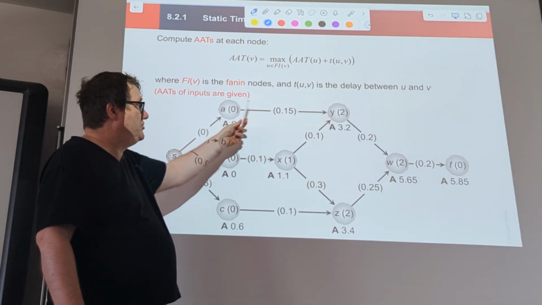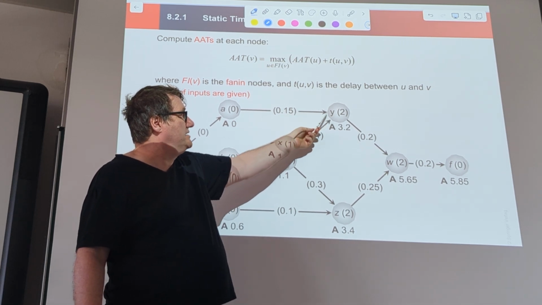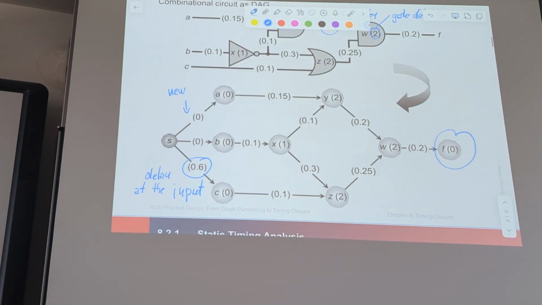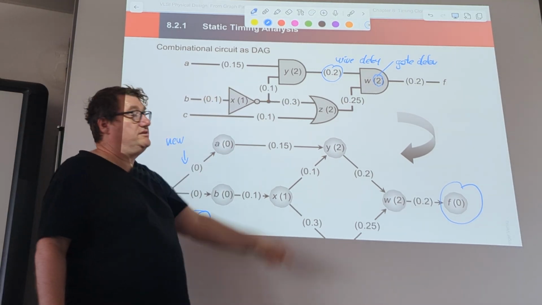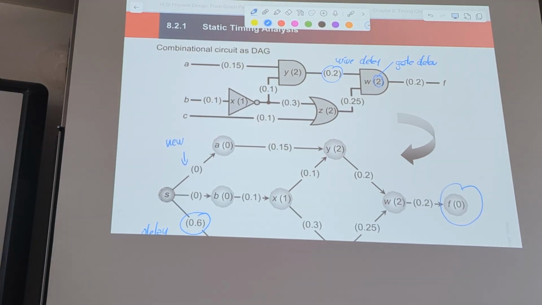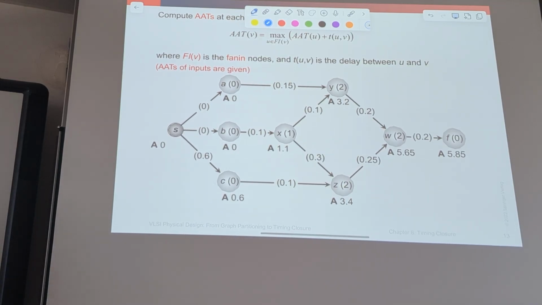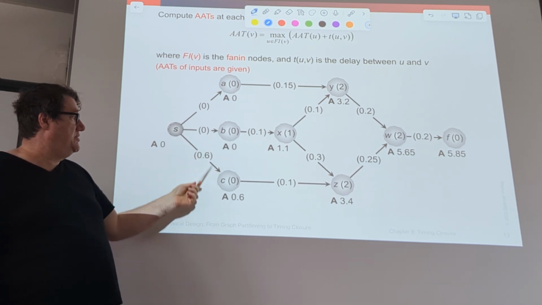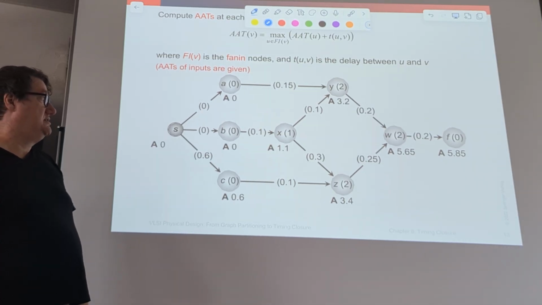The input time here is 0.15 nanoseconds at the Y2, and that was this gate here. So it takes 150 picoseconds to arrive at this input. The input B arrival is also 0, but at C we arrive at 600 picoseconds after start.